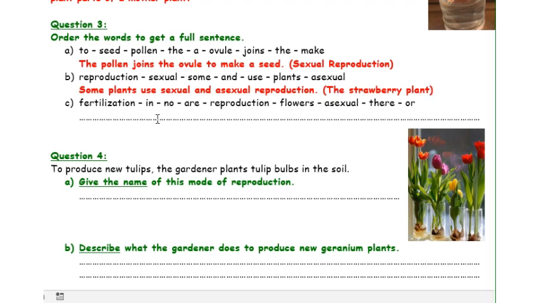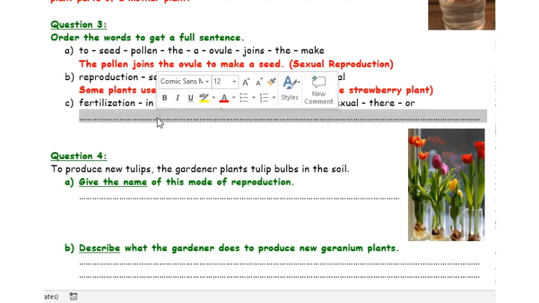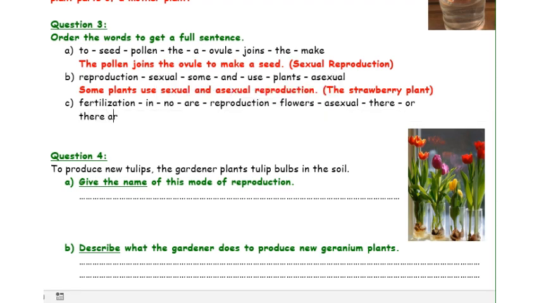Fertilization in no or reproduction flowers asexual there are no flowers or fertilization in asexual reproduction.